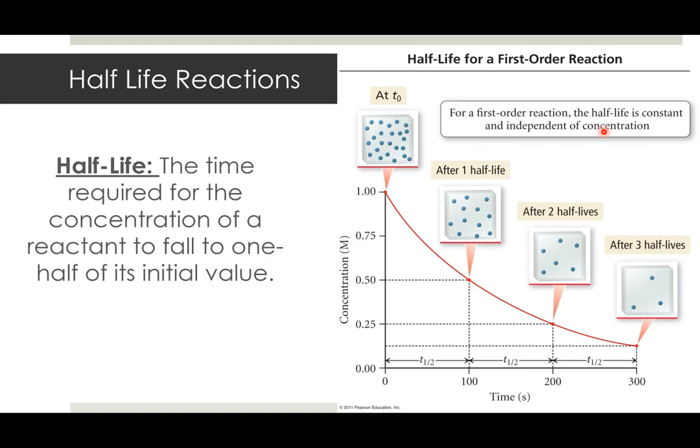That's different from a zero order or a second order reaction. So for a zero order and second order, as the concentration goes down, the half-life changes. So maybe the half-life's 100 seconds, then 75 seconds, then 50 seconds. So the half-life changes as the concentration changes.